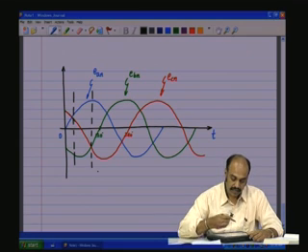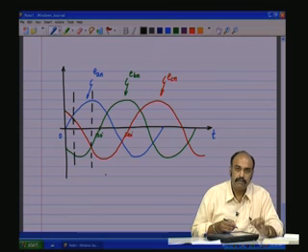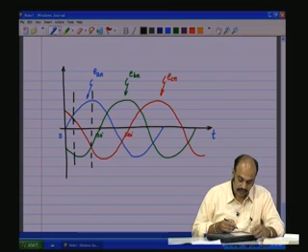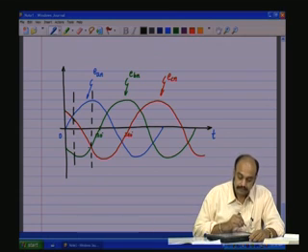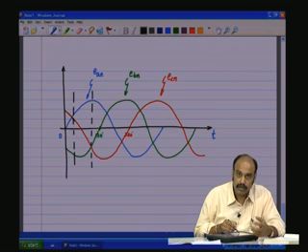So, there will always be a cancelling, and you will see that at any section the sum will be equal to 0. Let us say this point has a value which is half. The red one, which is the ECN, is having half, let us say normalized value. Green one is minus half. So, minus half plus minus half is 1.